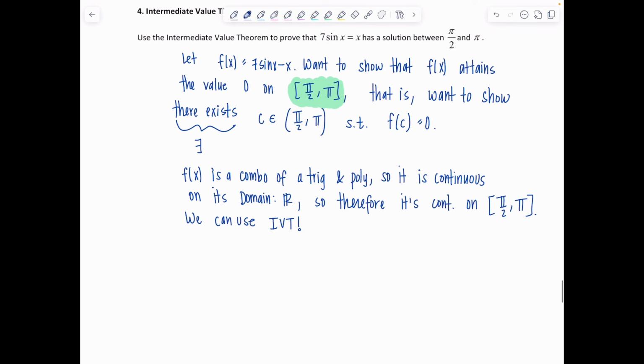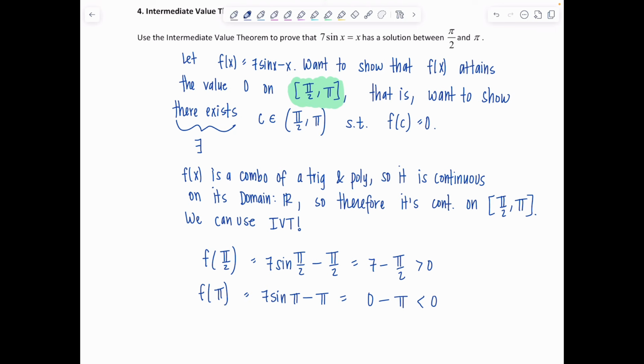Okay, now what we do is we substitute in or plug in pi over 2 and pi into the function. So f of pi over 2 would be 7 sine pi over 2 minus pi over 2, which is 7 minus pi over 2, which is going to give us, who cares, but it's positive. And then f of pi would be 7 sine pi minus pi. 7 times sine of pi, that's 0, minus pi, that's negative pi, which is negative.